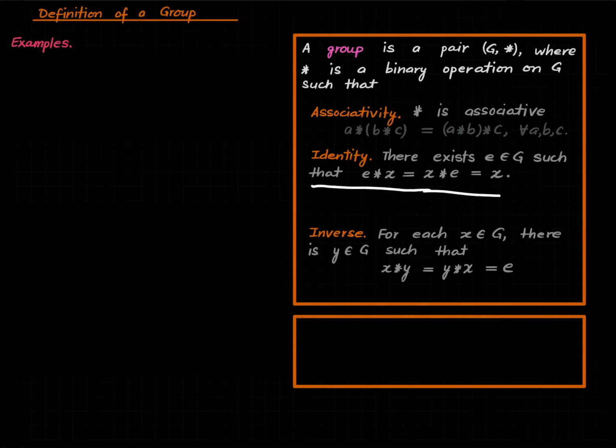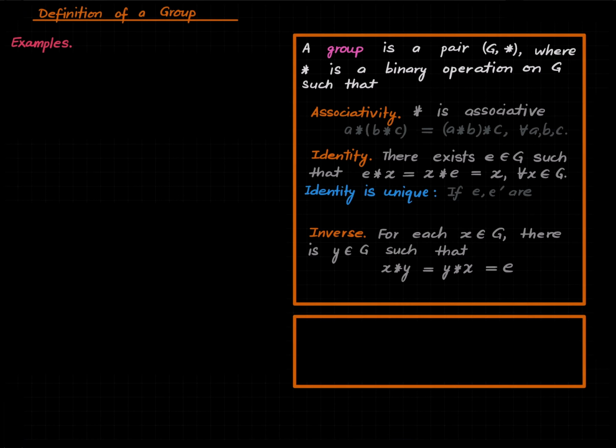So, uniqueness of identity. Identity is unique because if e and e prime are identities, so this thing is called an identity. Anything which satisfies this property for all x is called an identity.